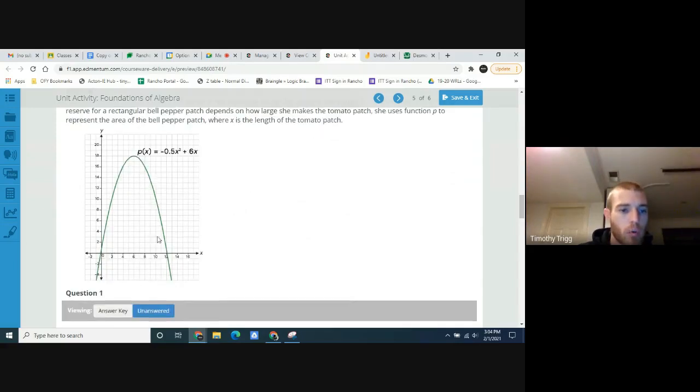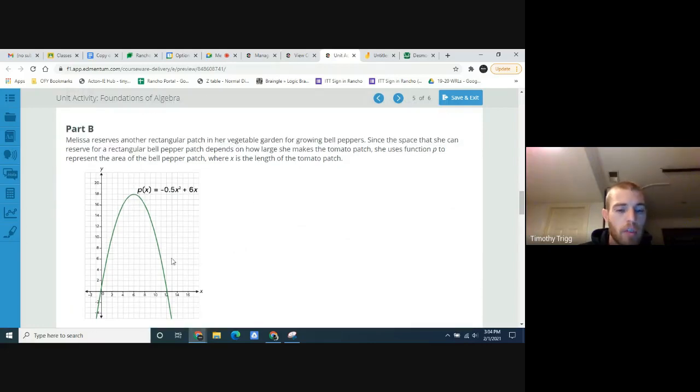So this green parabola here is the potential areas for the bell pepper patch, but it depends on x, which is the length of the tomato patch. The bigger she makes the tomato patch, the less space she'll have for the bell pepper patch.